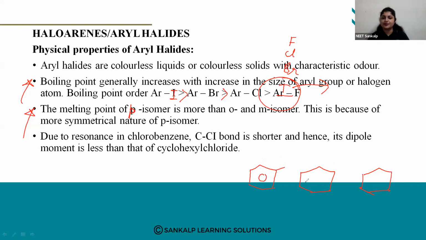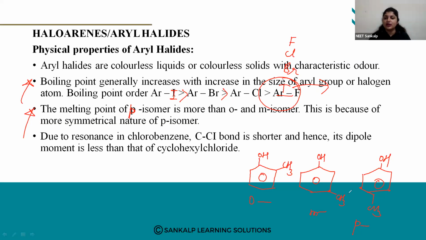So if I take this as ortho, this is meta, and this is para, with a molecule here, OH, OH, and OH. They are saying that the melting point of para is more as compared to the ortho and meta isomers. Why? Because of the symmetrical nature of the para isomer.